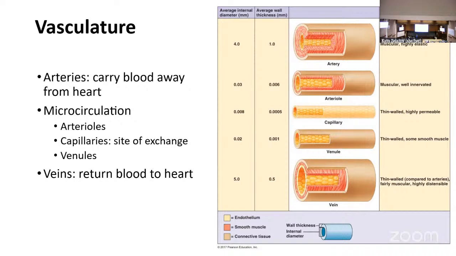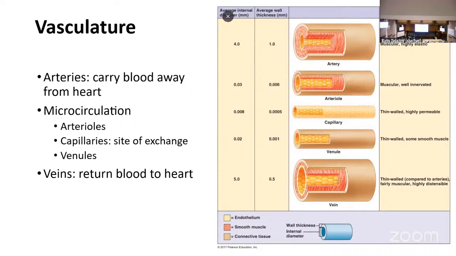They lead to capillary beds, which are the site of exchange, meaning this is where we're going to have fluid, ions, hormones, and other things going across the blood vessel walls. Then we're going to start coming back to the heart. Out of those capillary beds, we go into venules, essentially little tiny veins, into our bigger named veins that we could see with the naked eye, returning to the heart.